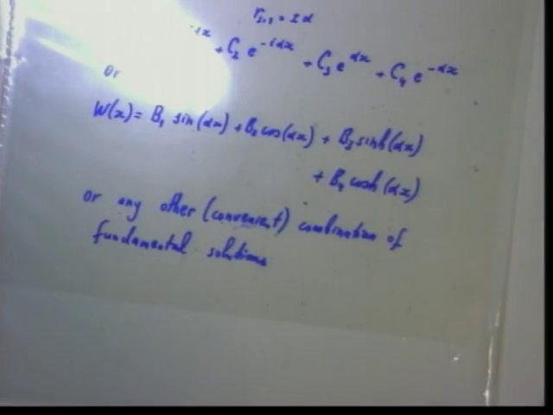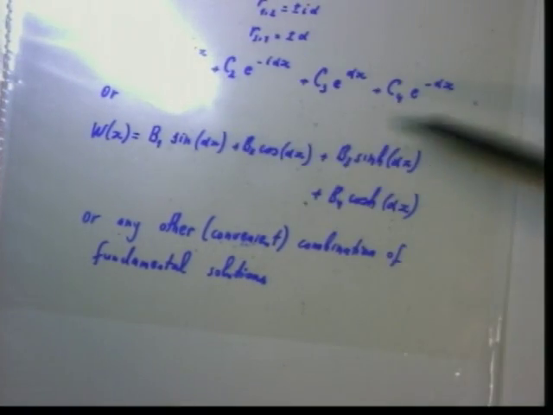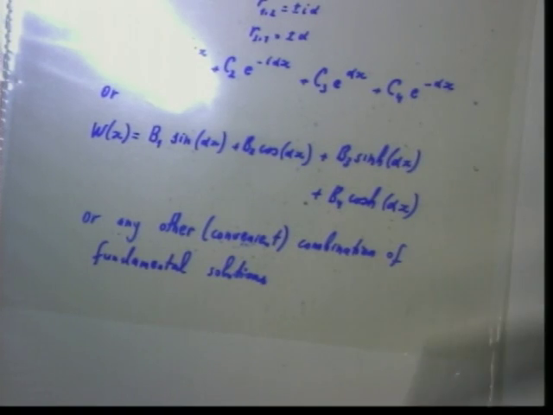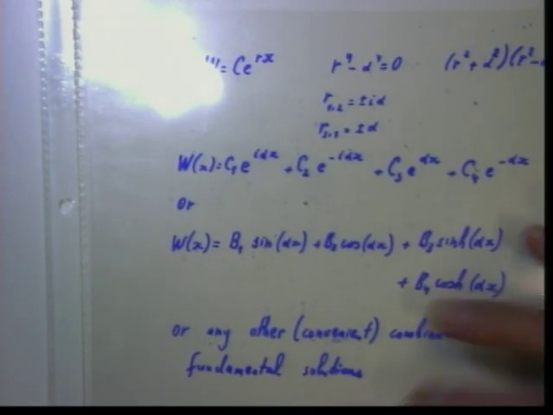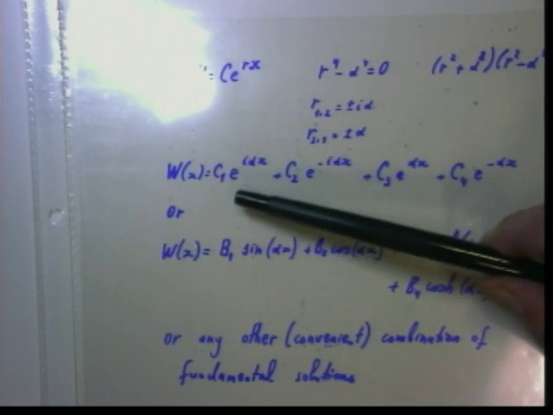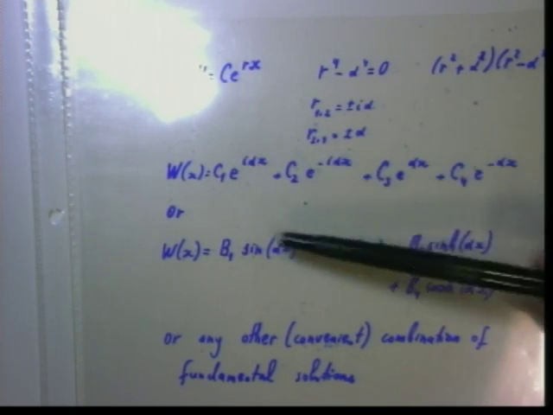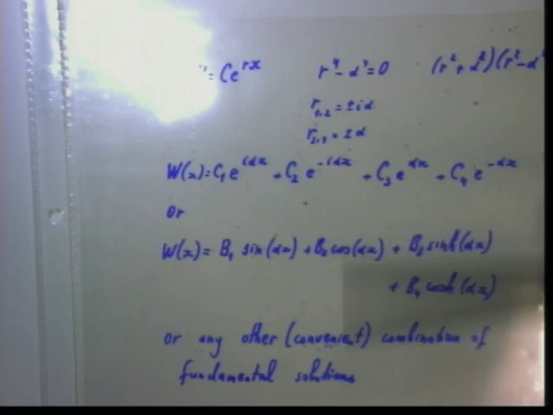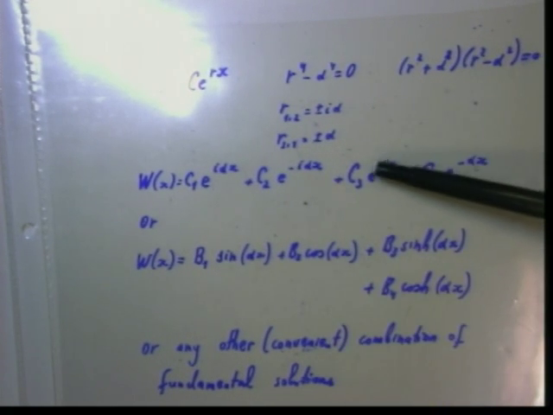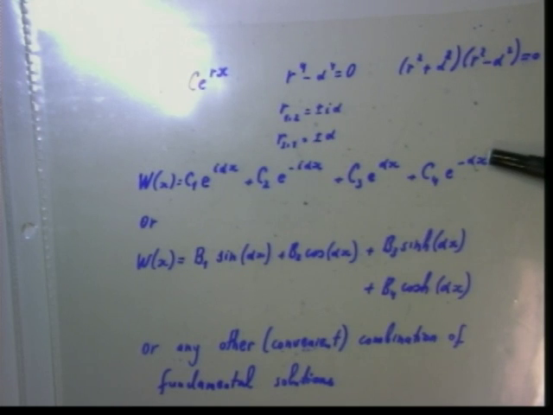Because of this, the solution can be written as it is here. It can be left as it is: C1 e to the power i alpha x, C2 e to the power minus i alpha x, C3 e to the power alpha x, C4 e to the power minus alpha x.